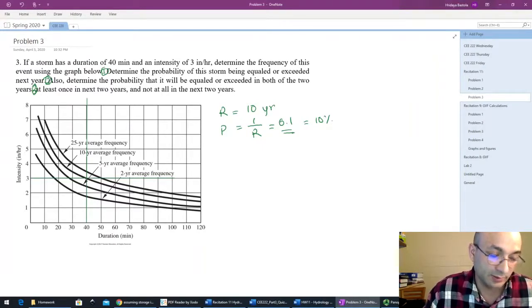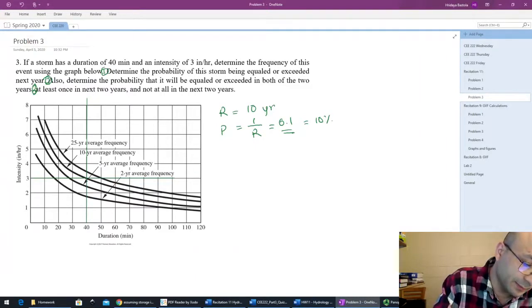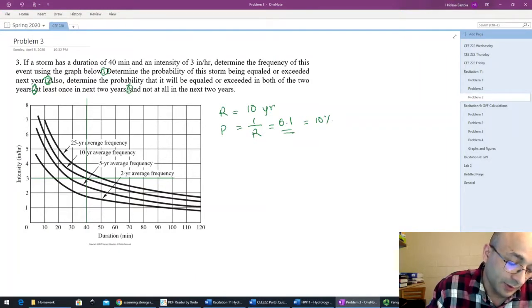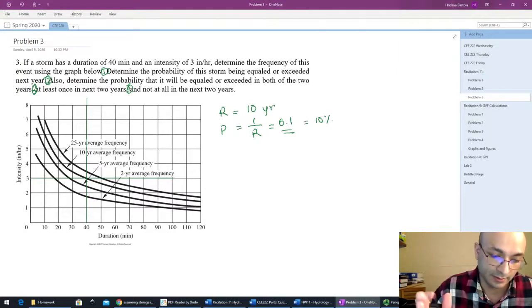So it could occur in the first year, not occur in the second year, not occur in the first year but occur in the second year, or occur in both of those 2 years. And finally, we'd like to find out the probability of this not occurring at all in the next 2 years. So it doesn't occur in the first year, it doesn't occur in the second year.